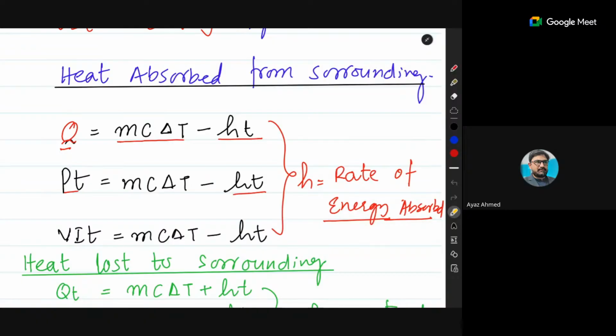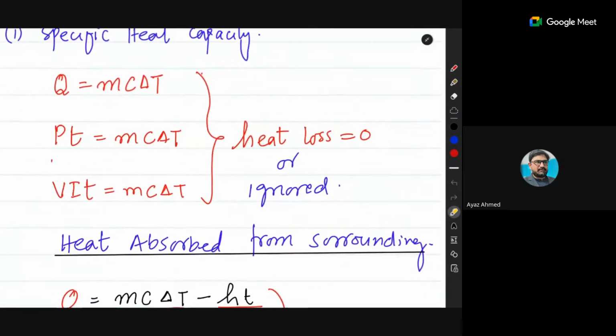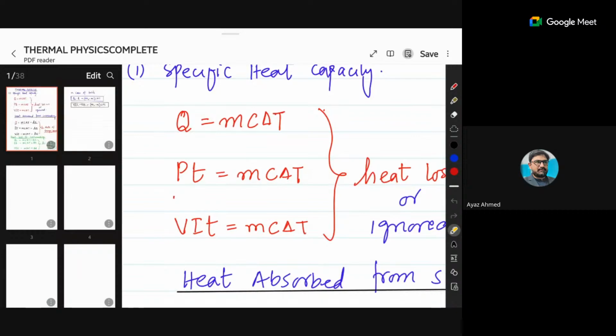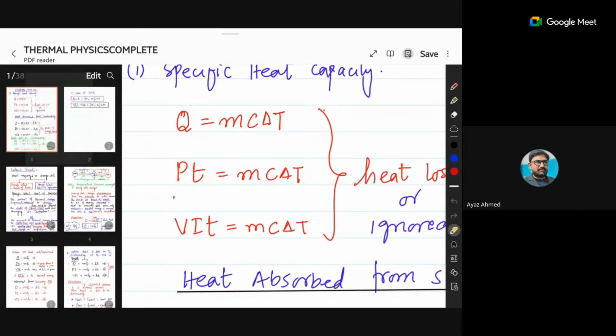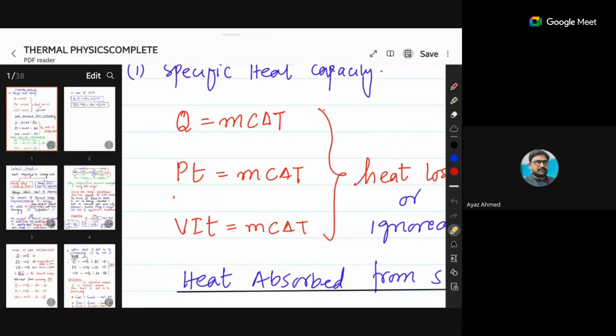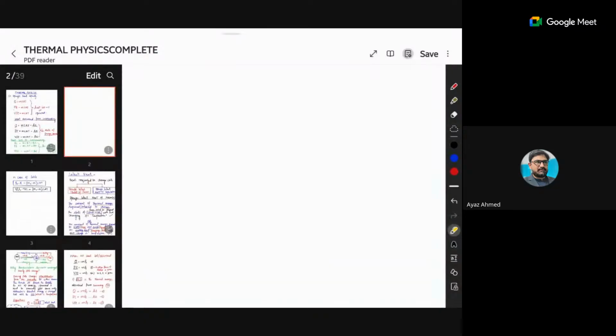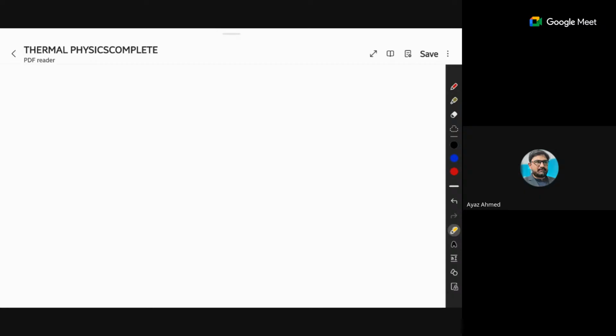So practically, if I say that H is the rate of energy absorbed or energy lost to the surrounding, then I will have this whole setup. For example, I have an electric heater, and that electric heater is basically used to provide energy to a system, right? It's quite a simple technique, to make you clear. I hope it will be helpful for you.